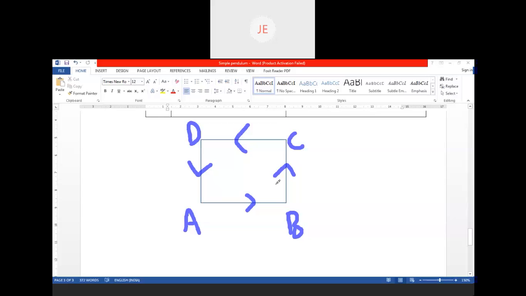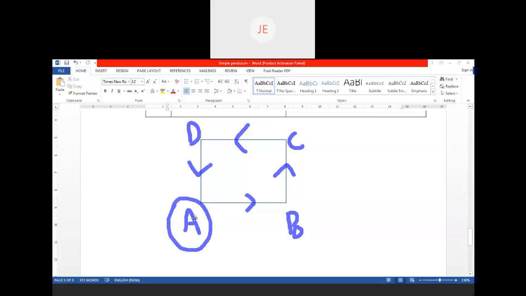For example, Shivangi has started from point A and she is moving towards B, then from B to C, then C to D, then D to A. Again she reached the point A only.